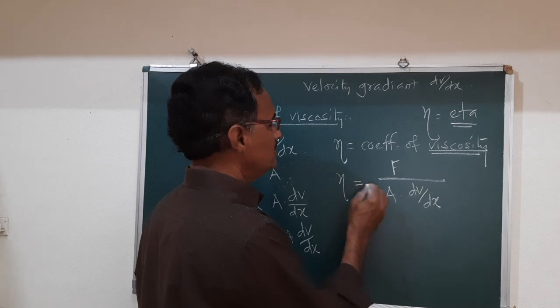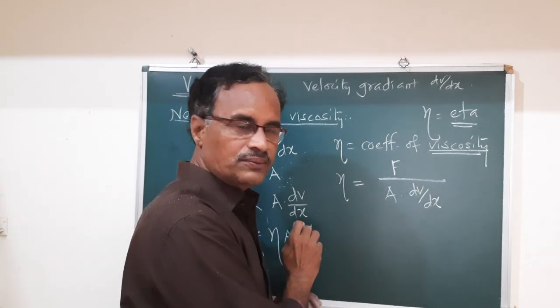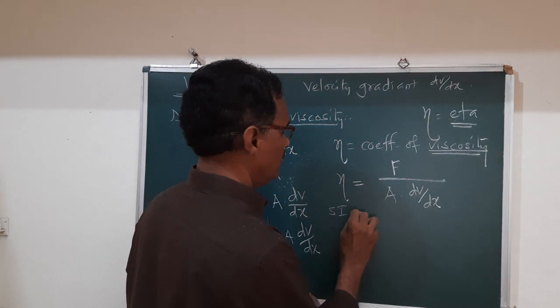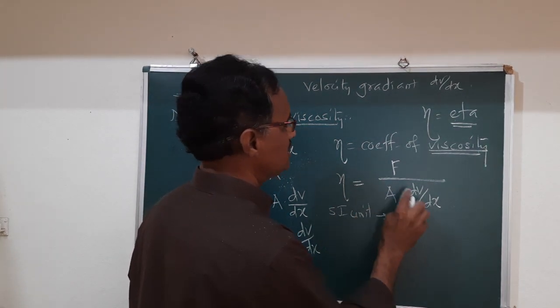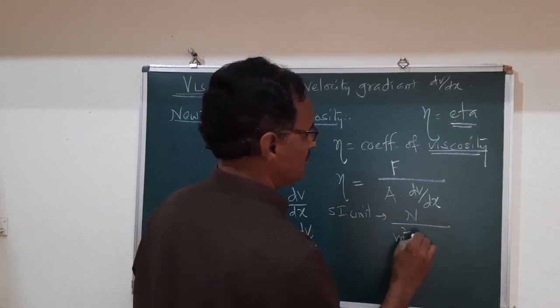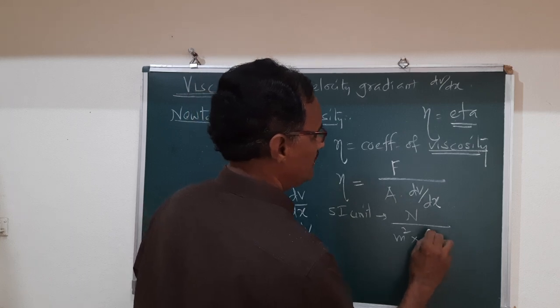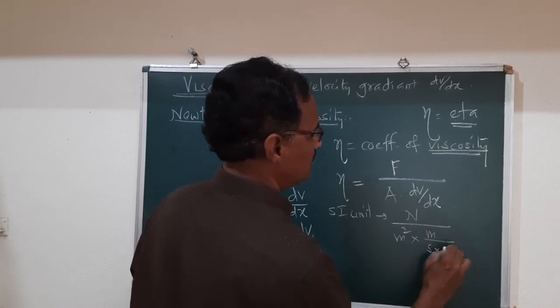Now we can determine the SI unit of this coefficient of viscosity. F is in Newton, area is in meter square, dV by dx is per second, or meter upon second into meter.